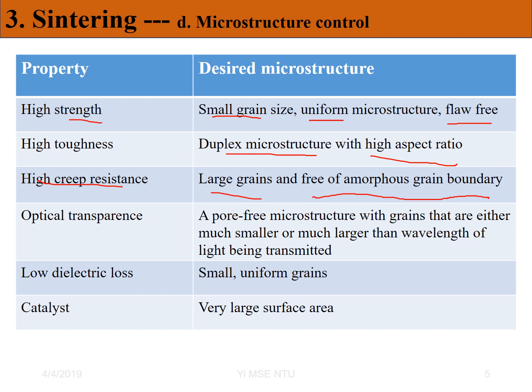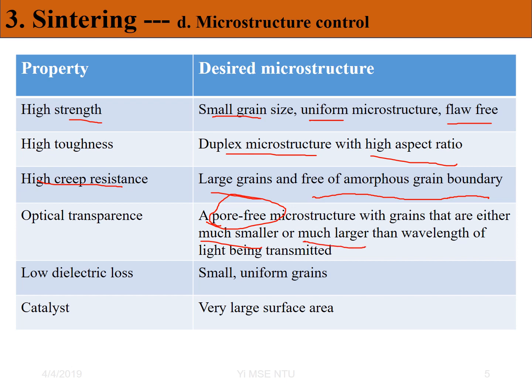Okay, so this one, the optical transparency. As you can see, if you want a very, very transparent material, make sure it is pore free. So it's important. And also there's another requirement, which is grain size. The grain size can be either much smaller or much bigger than the wavelength of the light.